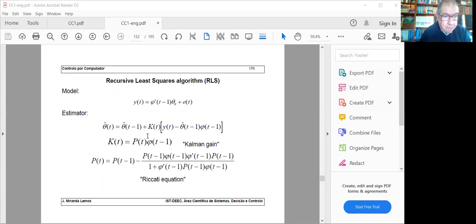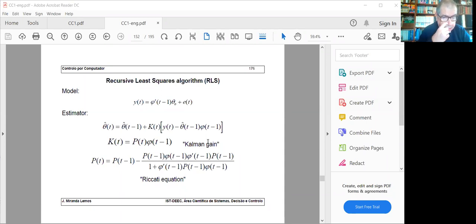Now, for convergence to happen, K should be small. So you should start with a large K and end with a small K. The large K makes you converge in a fast way to the true value of the parameters, and the small K prevents fluctuations from appearing, because even if theta hat is equal to the true value of the parameters, you have the noise, and you would be amplifying it.